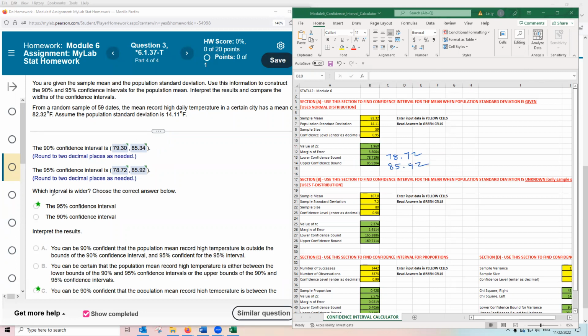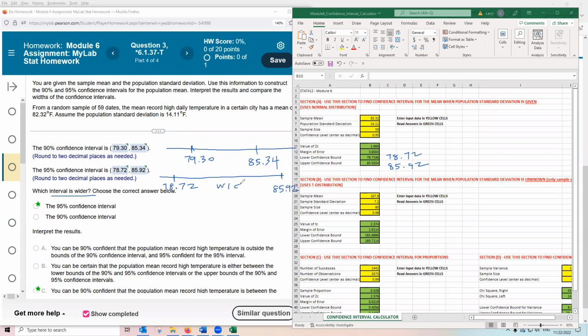All right, now here's another question. Which interval is wider? Well, let me go ahead and graph this on the number line. The 90% confidence interval is going from 79.30 to 85.34. Let me plot the 95% confidence interval right below it. 78.72 would be back here somewhere, and 85.92 would be over here.